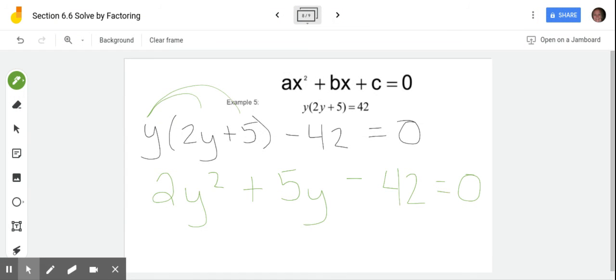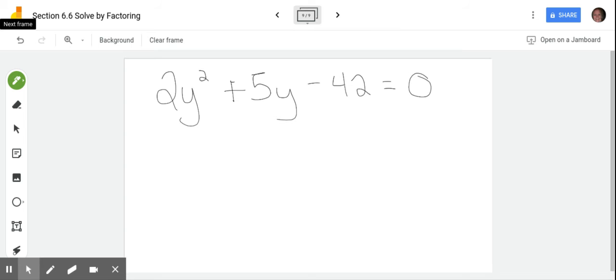Okay. So all I did was clean that up to get it set equal to 0. So now I'm going to go ahead and factor it. Okay. So I look for a GCF. There is no GCF between 2, 5, and 42. All 3 terms don't have a variable, so I have to do my AC method here. My AC method says take A times C, so 2 times negative 42, and that's going to give me negative 84.